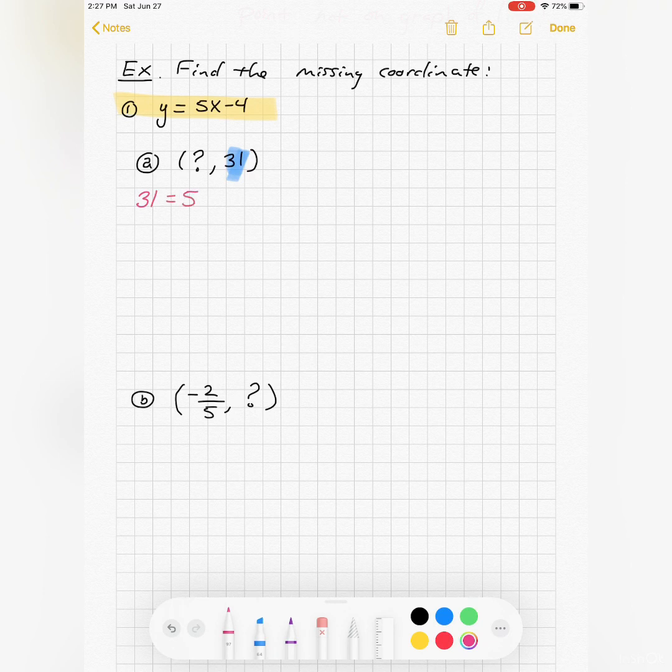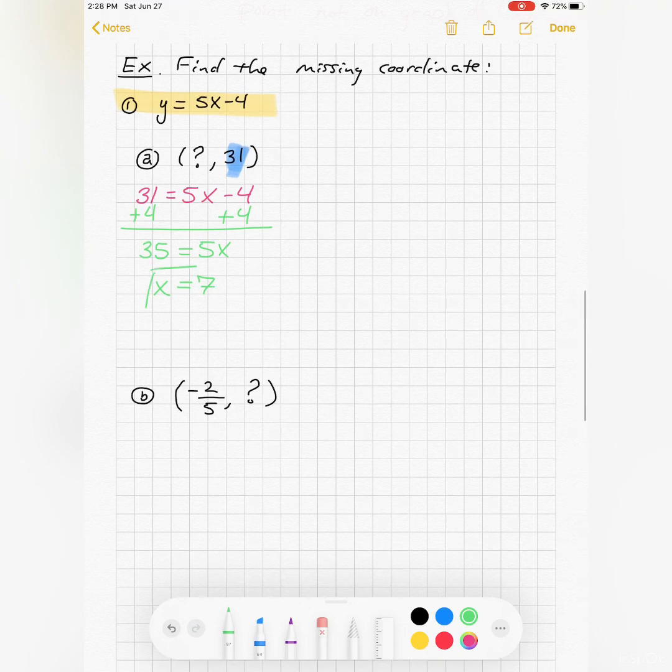So let me put that y coordinate in, and then let me solve for x. 35 divided by 5 is 7. So the missing coordinate is 7. So if I wanted to actually write out the pair, the point on that line would be 7, 31.